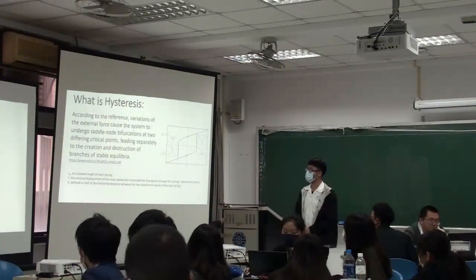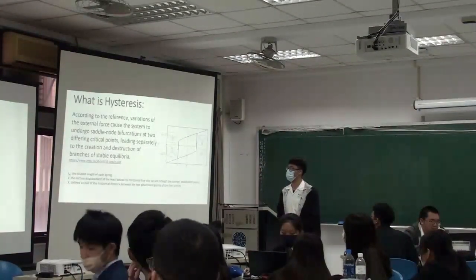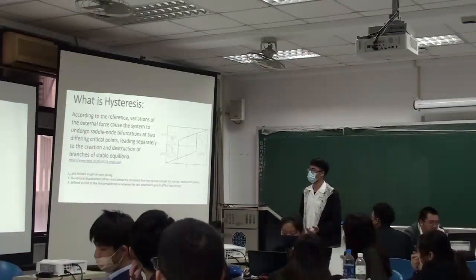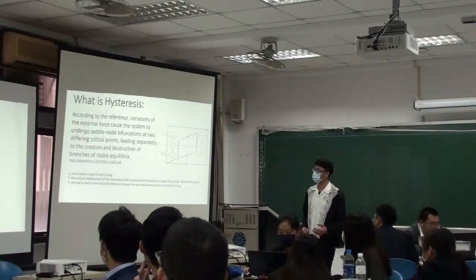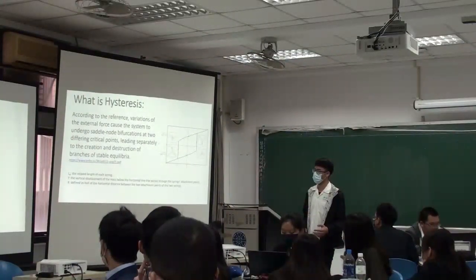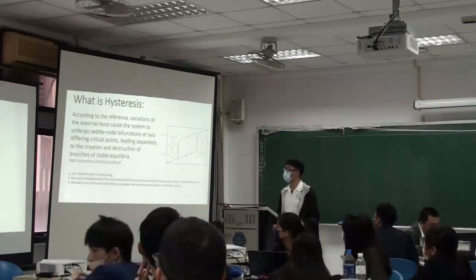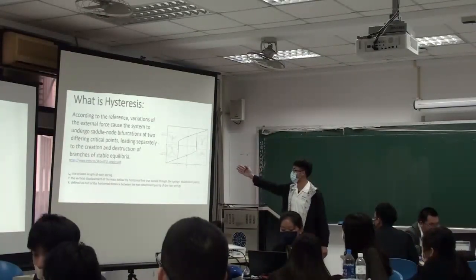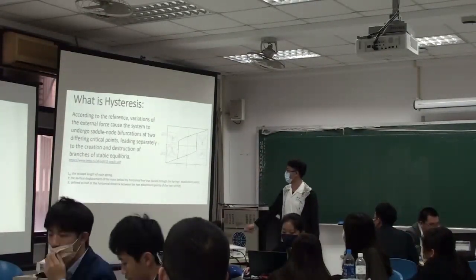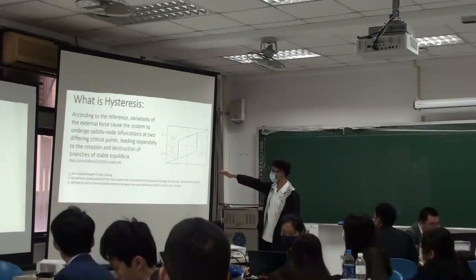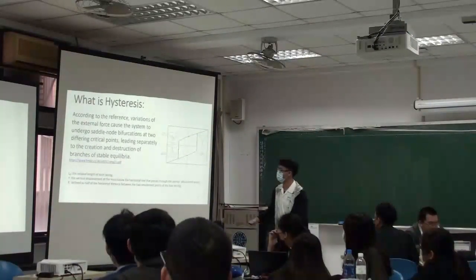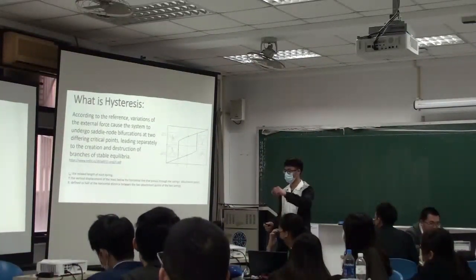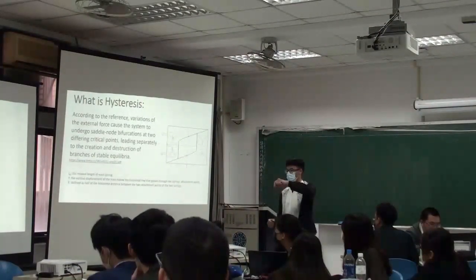According to the reference, a variation of the external force causes the system to undergo several modifications at two different critical points, leading separately to the creation and destruction of stable equilibria. In this picture, the x-axis is the extra force, and the y-axis is our ball's position.